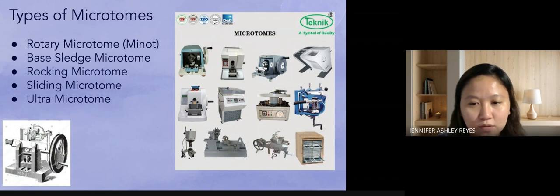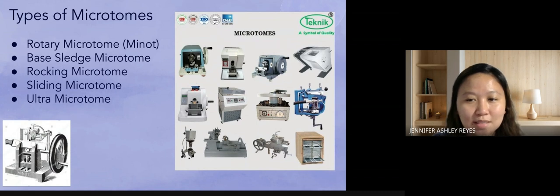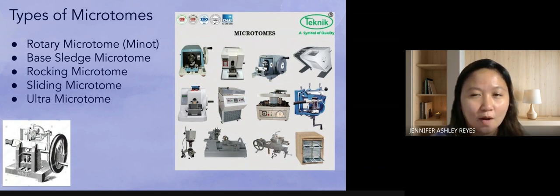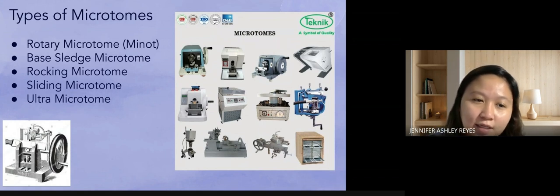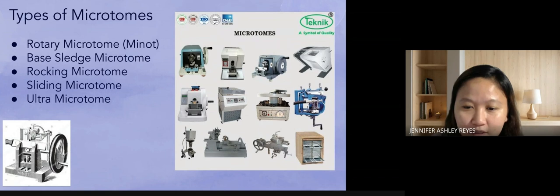So you have your rotary, base sledge, rocking, sliding, and ultramicrotome. The rotary microtome, one of the most common, is also termed Minot, after the one who created it, and it's the most common, especially for paraffin-embedded tissue. So these are the different types of microtome.